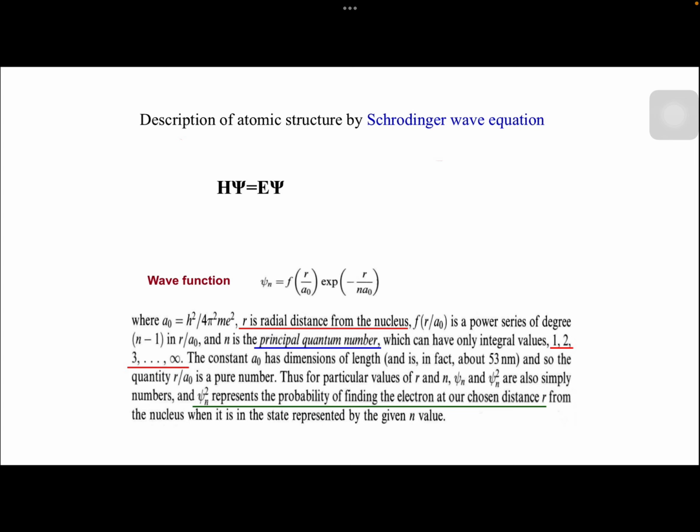The formula of the wave function is given here, where A naught equals h squared over 4 pi squared m e squared, r is the radial distance from the nucleus, and n is the principal quantum number, which I will explain later, which can have only integral values: 1, 2, 3 and up to infinity.